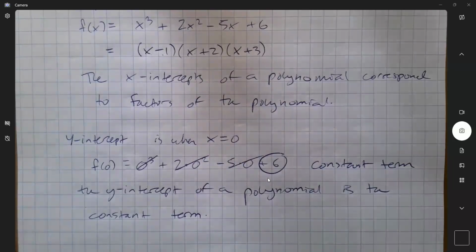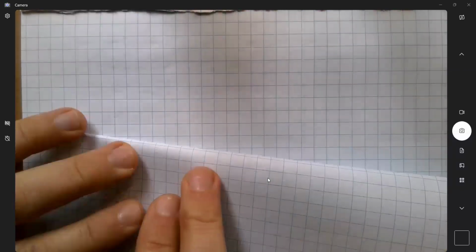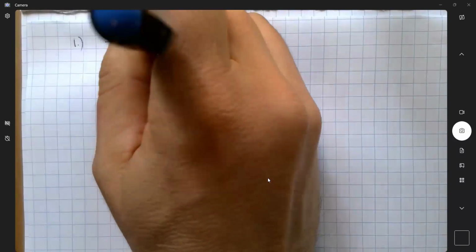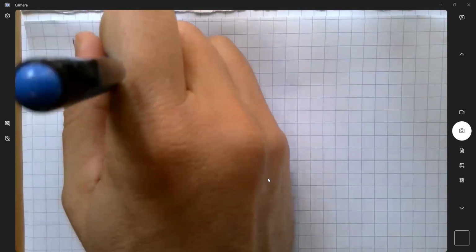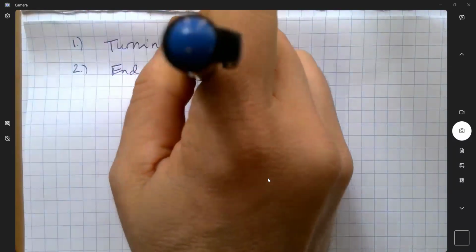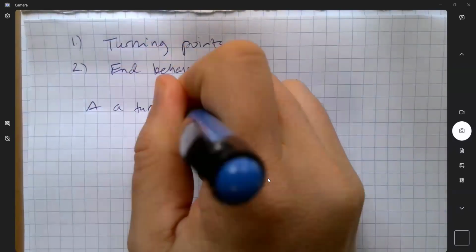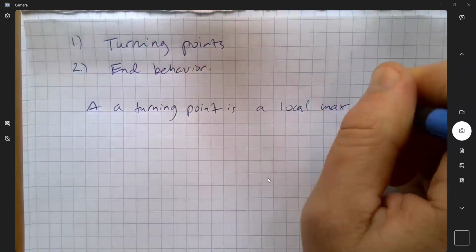All right, so far we focused on the x-intercepts and the y-intercept of polynomials. And those are important pieces of information. There's two other types of information that we care about with polynomials. The first is we care about turning points. And the second is we care about end behavior. So a turning point on a polynomial is a local max or min.